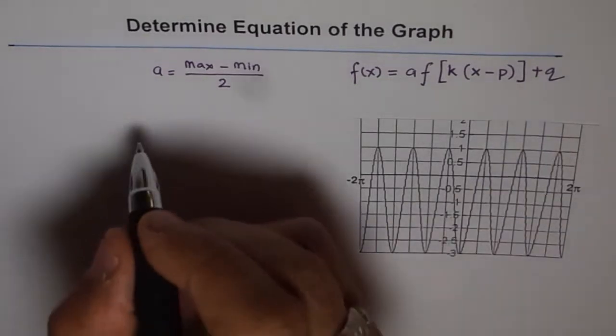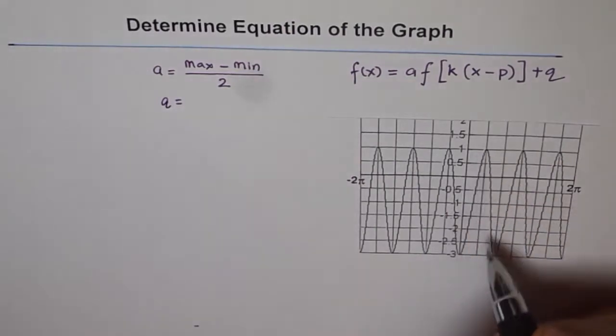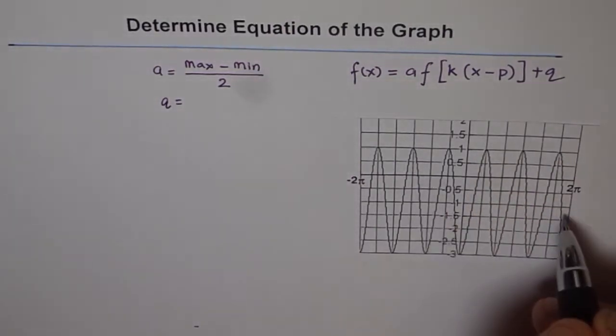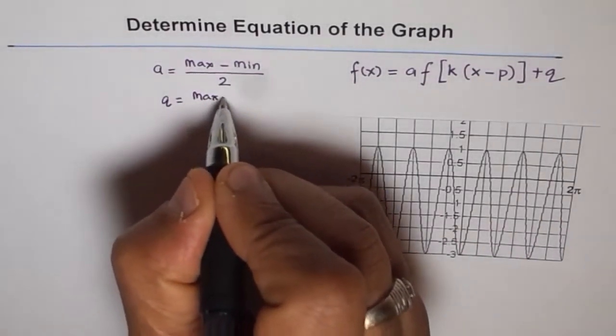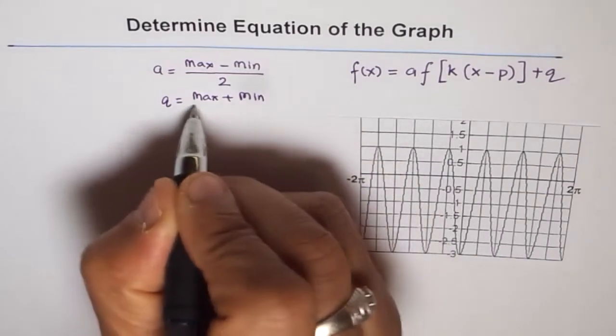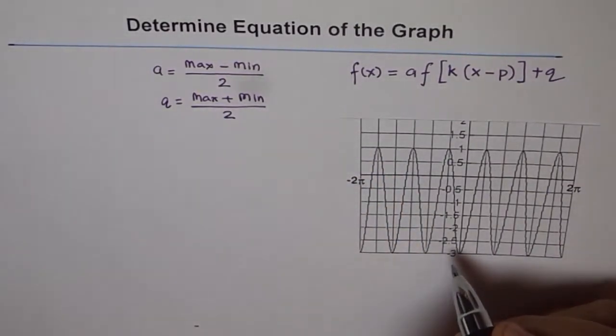Now Q is the average. The line of symmetry is the average, so we do maximum plus minimum, divided by 2. So that is how we find Q.